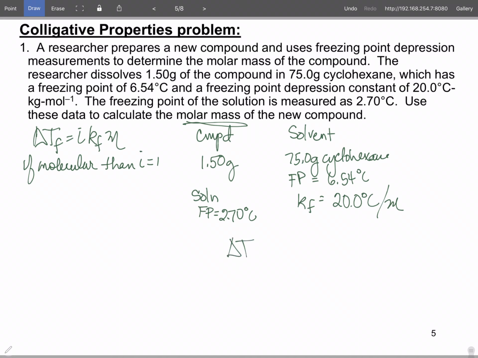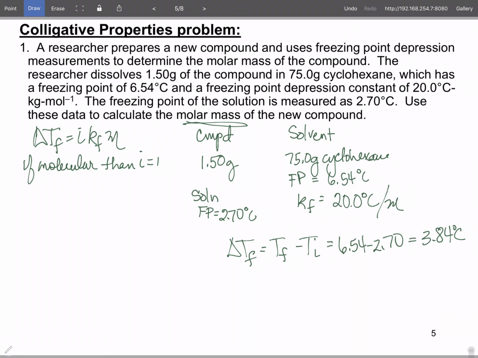Well, delta T sub F is equal to T final minus T initial. We always want it to be positive. So we get 6.54 minus 2.70, which gives us 3.84 degrees C. Okay?